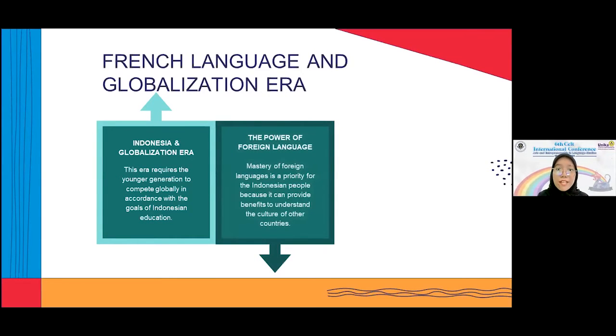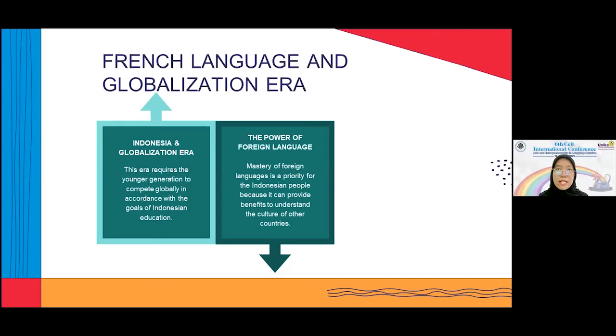having a foreign language. We all know that English is the most useful language in the world, but we also know that there are so many foreign languages. We have so many benefits in mastering a foreign language, such as a priority for Indonesian people, because it can provide benefits to understand the culture of other countries.